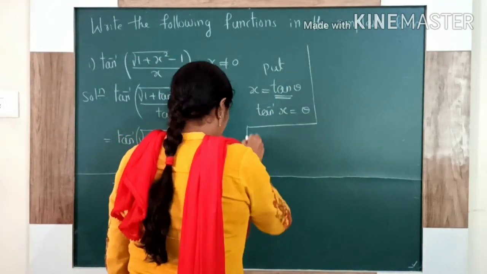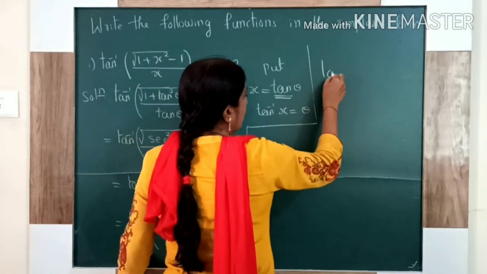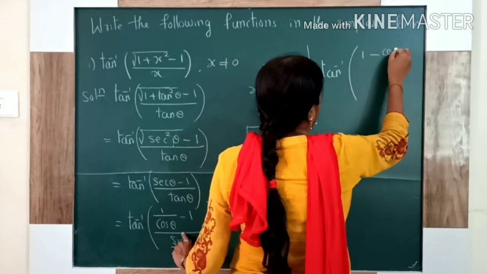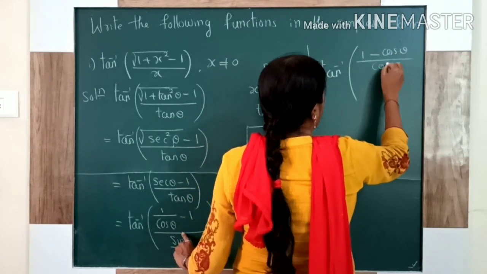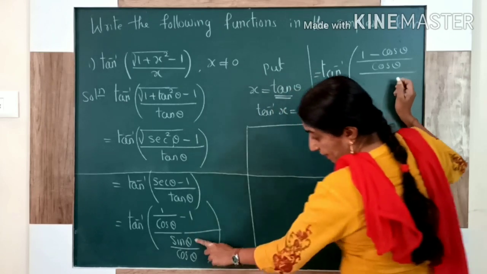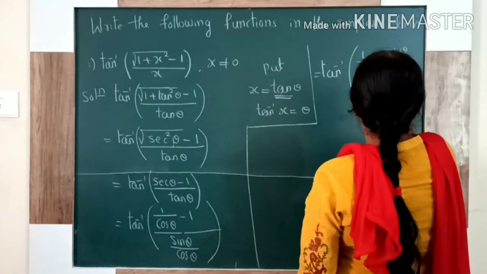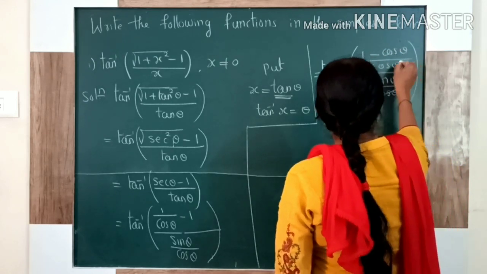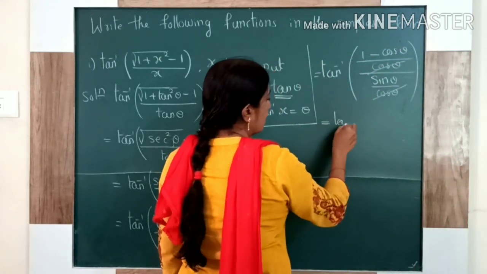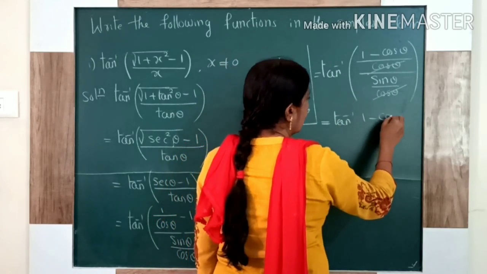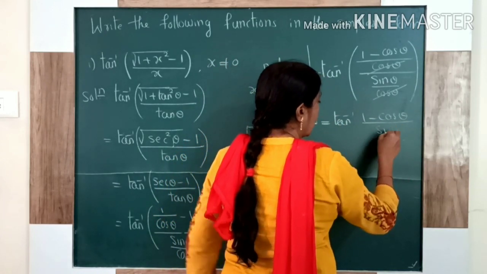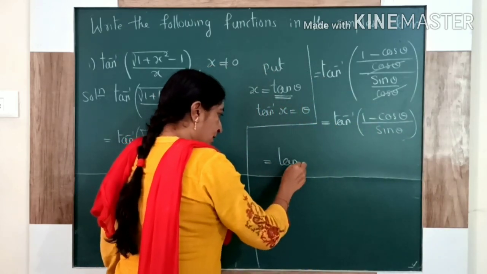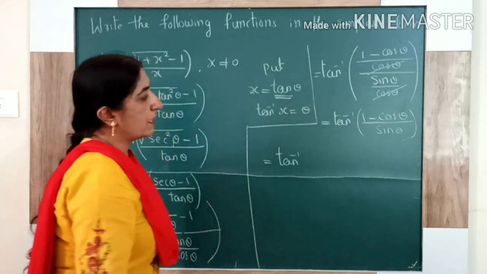Now tan inverse of, here take the LCM, (1 minus cos theta upon cos theta) in the numerator, and the denominator is sin theta upon cos theta. See that the denominator cancels. It is tan inverse of (1 minus cos theta) upon sin theta. Students, have you remembered those basic formulas? Here it is multiple and submultiple angles.